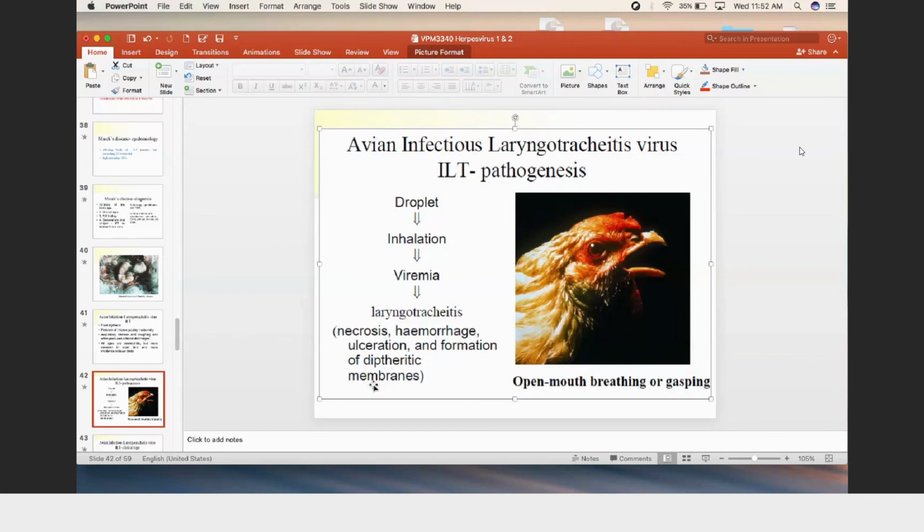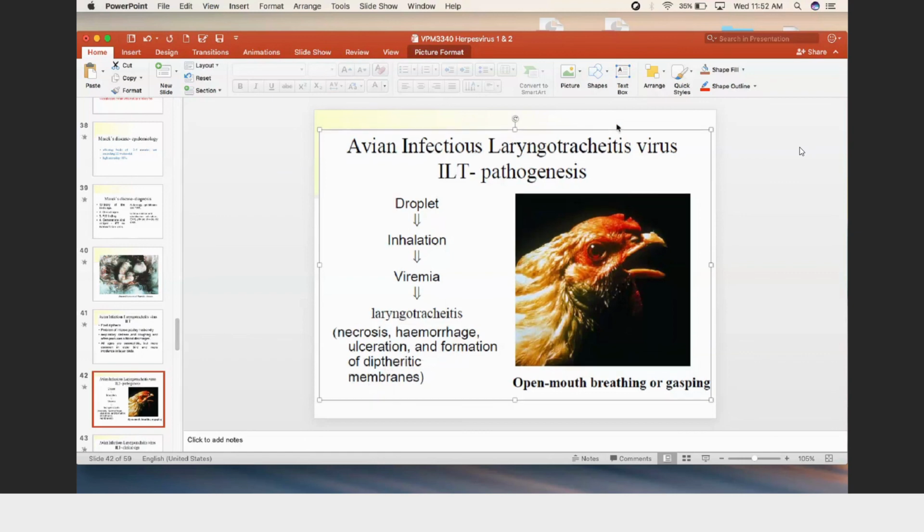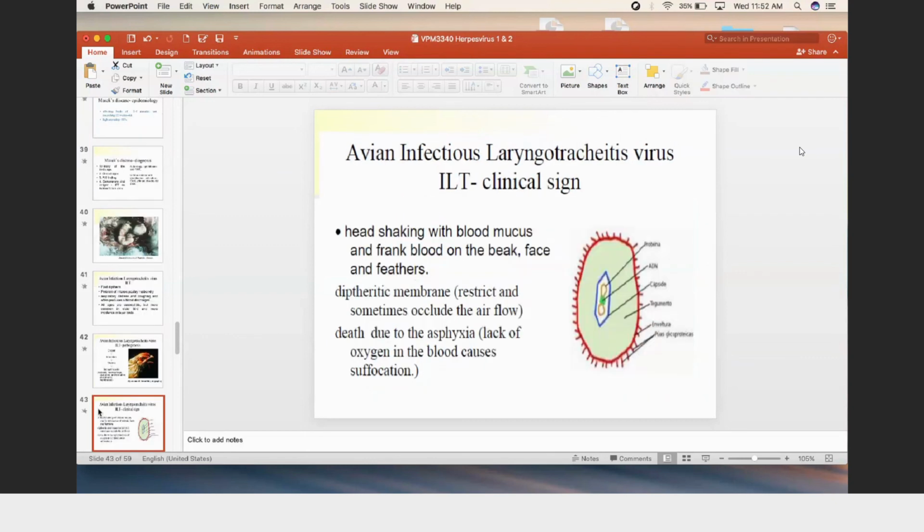So the chicken opens their mouth like that to get more air to the lungs. For this ILT, I think you need to read on your own. This diagram shows you what the diphtheritic membrane is.